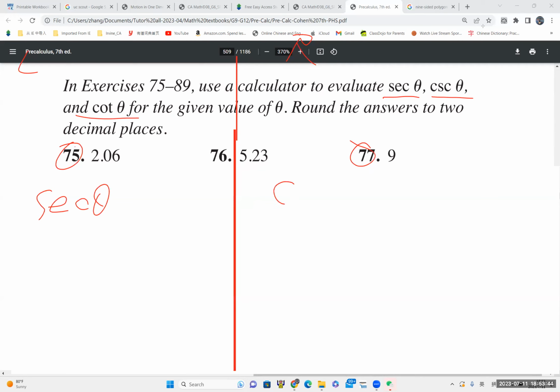Ray does cotangent theta. You just do problem 77. Neo does 75. Just one of the trigonometric functions. Neo is secant. You do cotangent.